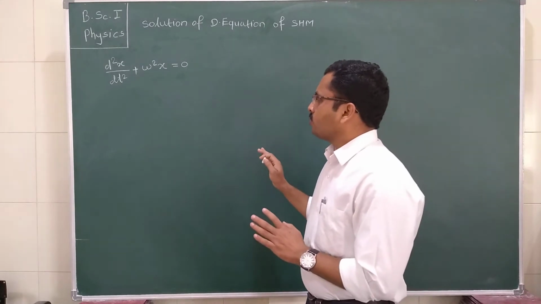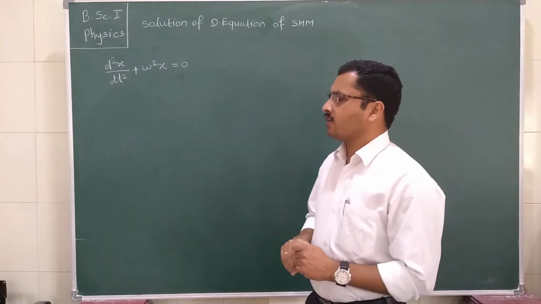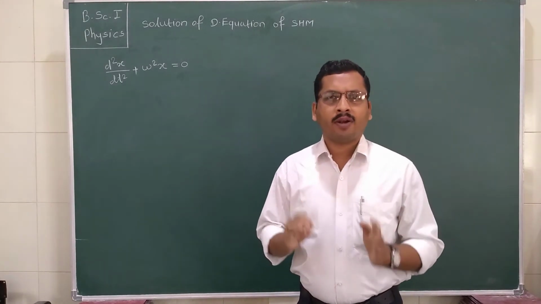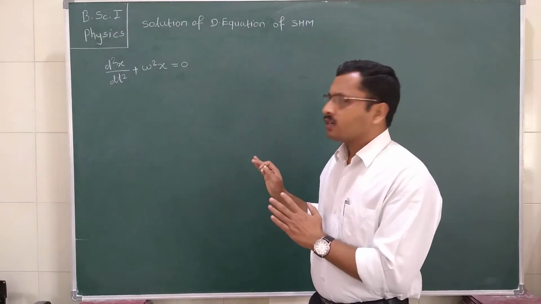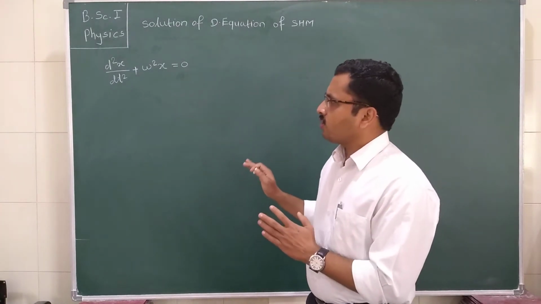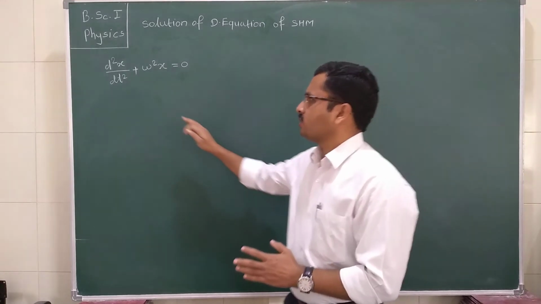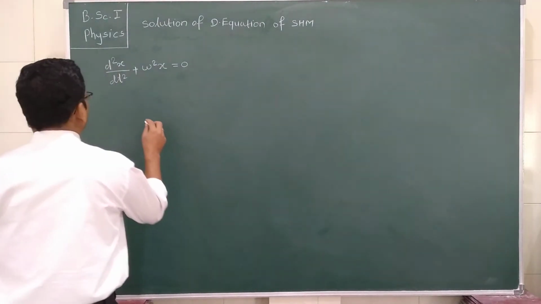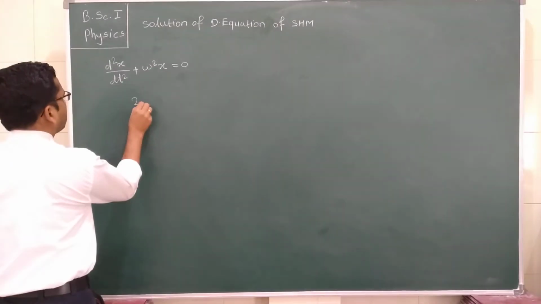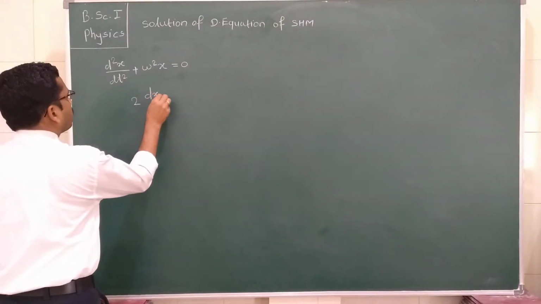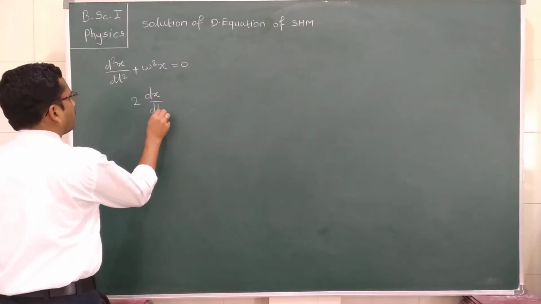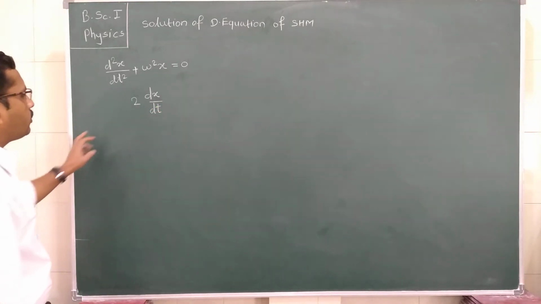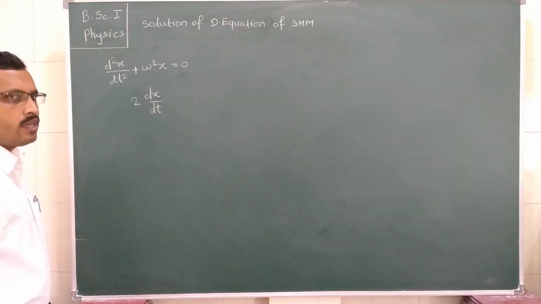So to solve this differential equation we multiply both sides by 2 into dx by dt.